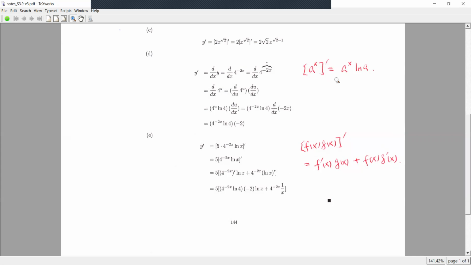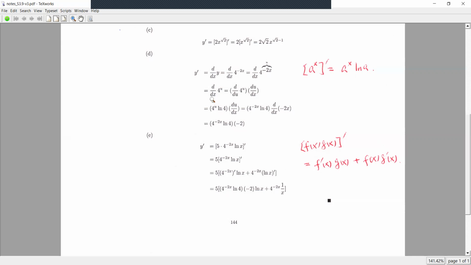In order to use this formula, I need to simplify the function. I let u below negative 2x. Then the function becomes 4 to u. About this derivative, because u and x are different, I cannot directly apply this formula to compute this derivative.